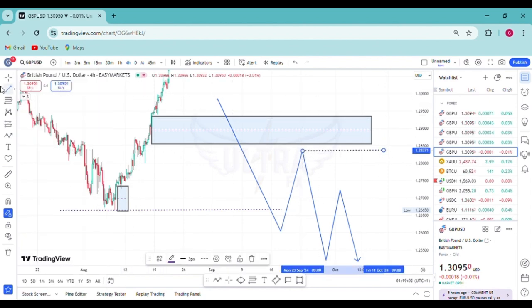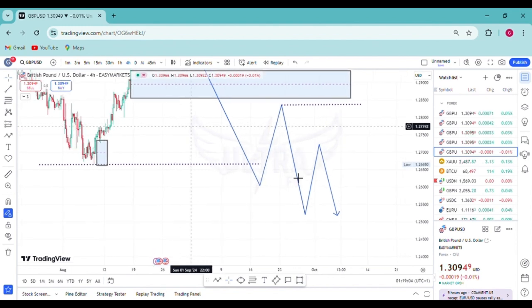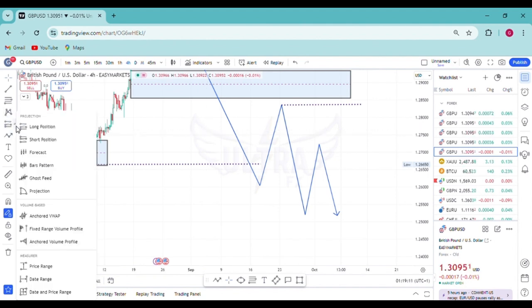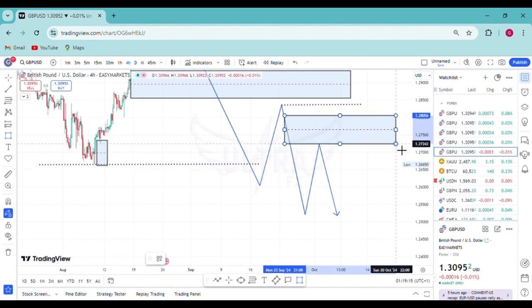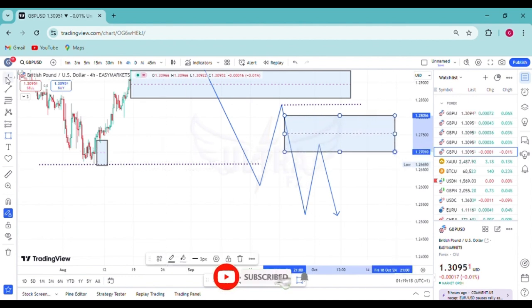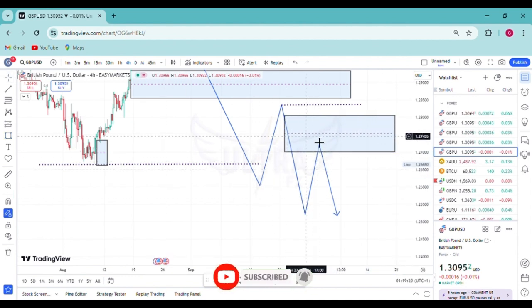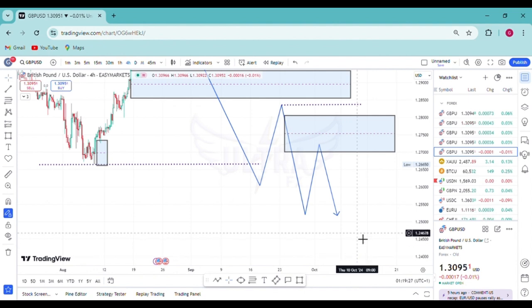So the market breaks it, and when the market breaks this one, there could be a fair value gap at this spot right here. You can see there could be a fair value gap right here. That would validate the market going bullish. So when the market is trying to retrace to the upside, just know that that could be your substructure.